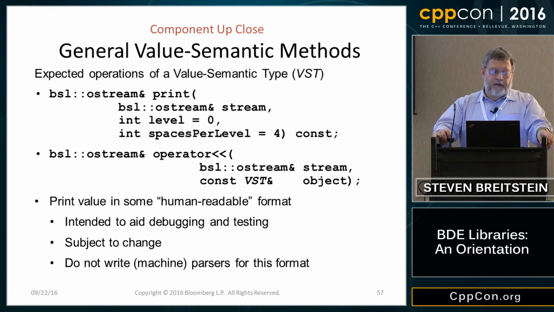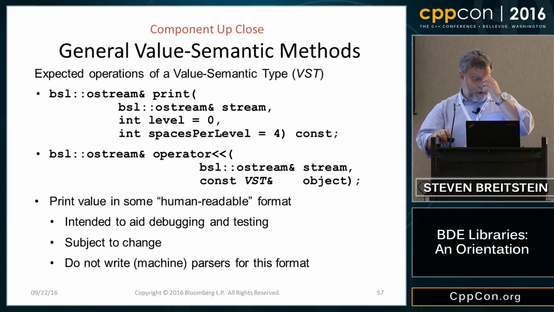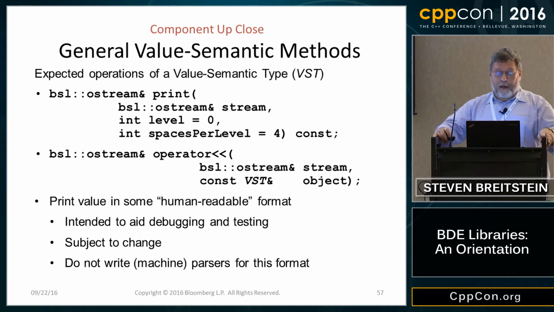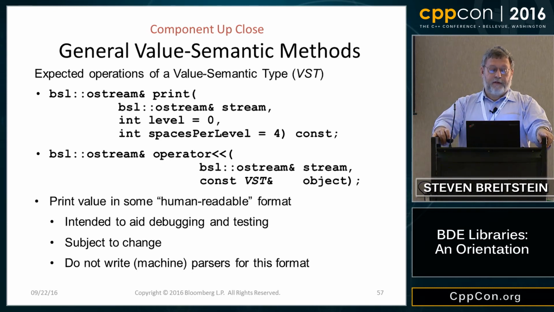It has a rather lengthy contract, which very few people read. But the key points are that it's going to print the value in some unspecified human-readable form, and it is subject to change. Do not write parsers for this, because it's subject to change.